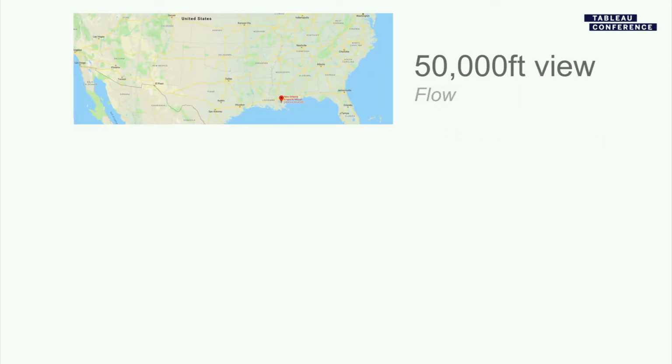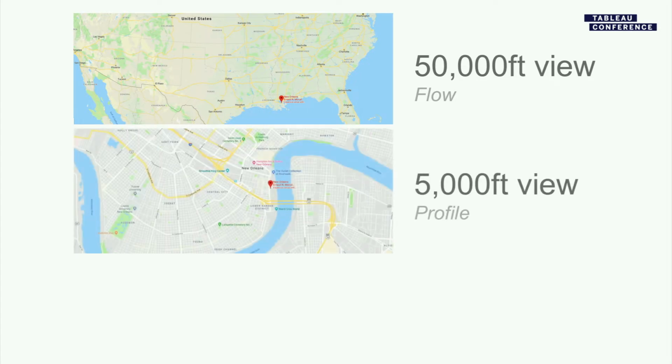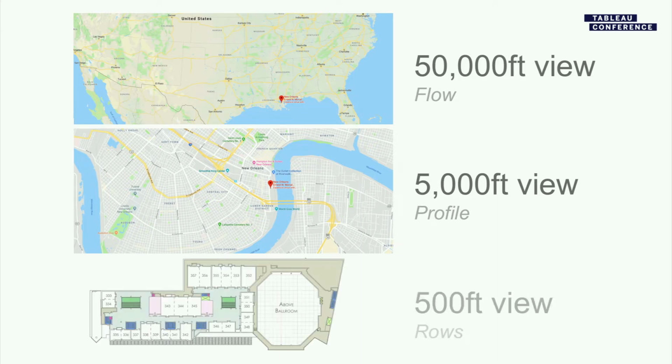So think about Tableau Prep like this. The flow pane is your 50,000-foot view. I can see the world of my data. The profile pane is my 5,000-foot view. I get to see what's around me. I can quickly understand what's there. And if I want to see really fine-grained detail, I can look at the row level data at the bottom.